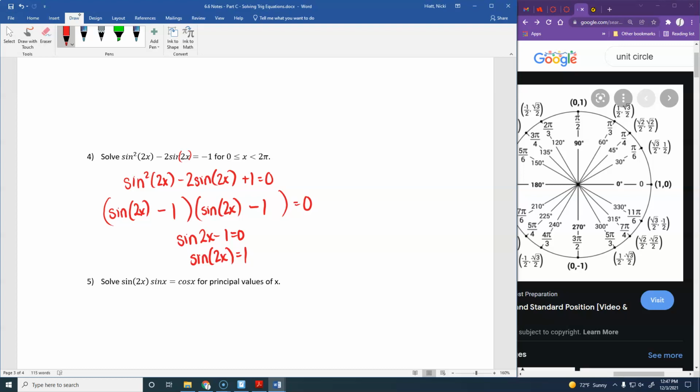Pi over 2. So instead of saying x equals pi over 2, because I've got a 2x in here, I've got to say 2x equals pi over 2. And then to solve that, I'd multiply both sides by 1/2. And so x would equal pi over 4.